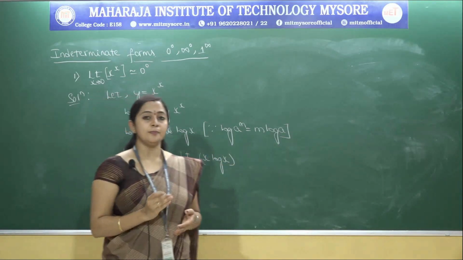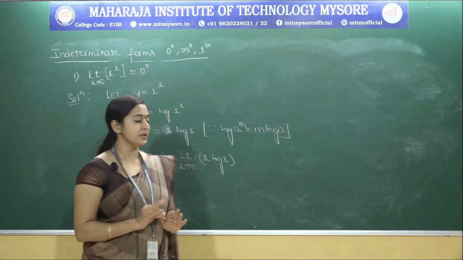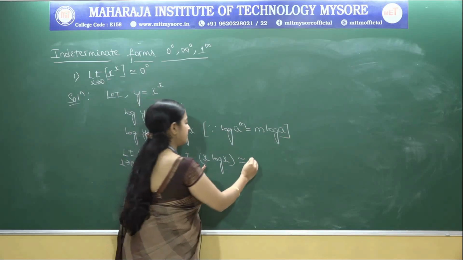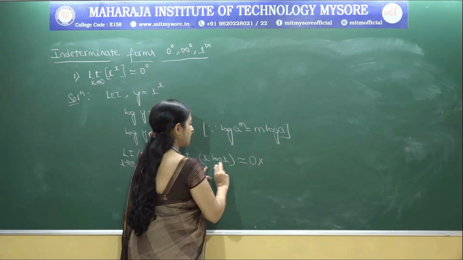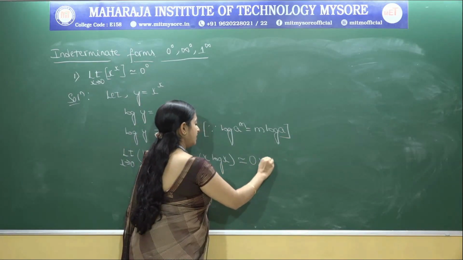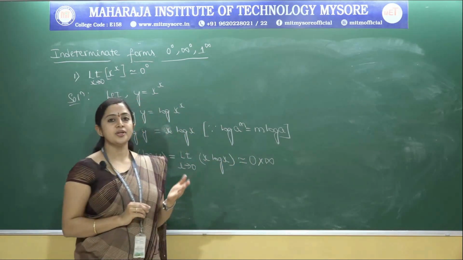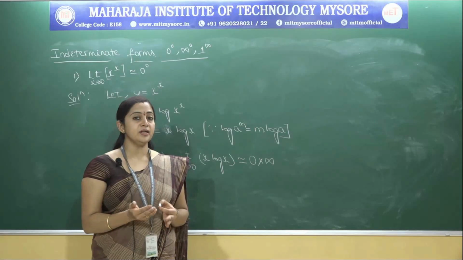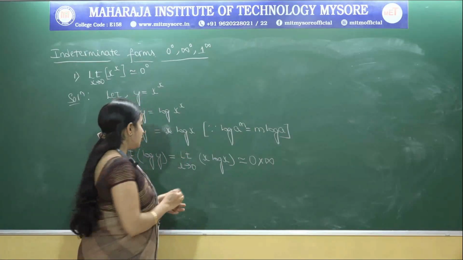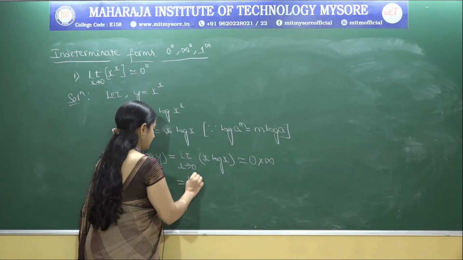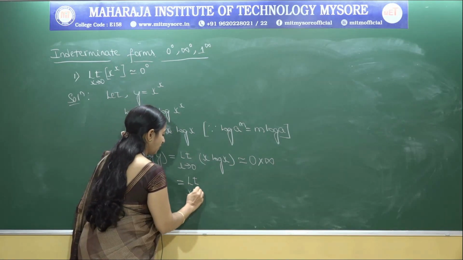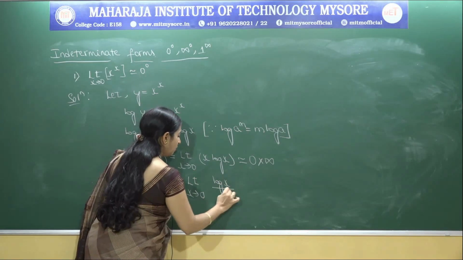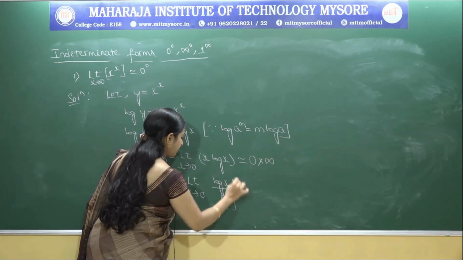Soon after this, apply the limit for the RHS part. If you apply the limit, for x is 0, the log 0 is infinity, so the limit tends to 0 into infinity form. Then convert into standard indeterminate form using the previous problem. You can write this term similar to the previous problem as log x divided by 1 by x.